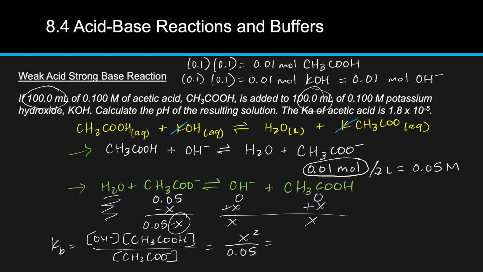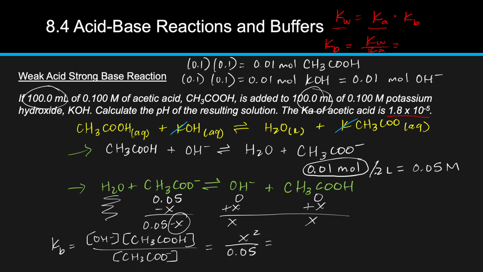Well, on your reference sheet, you are given this. We already have Ka. We also already have Kw because it is a constant on your formula sheet. So because of that, we can go ahead and solve for Kb by taking Kw and dividing by Ka.